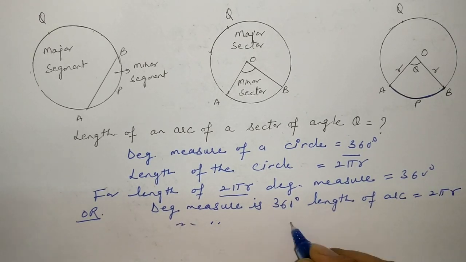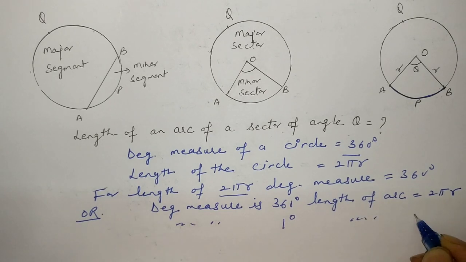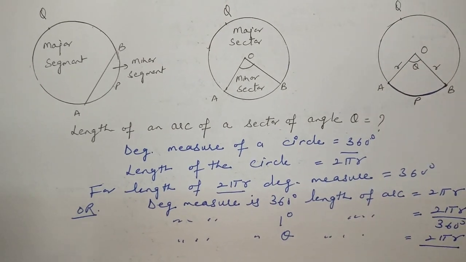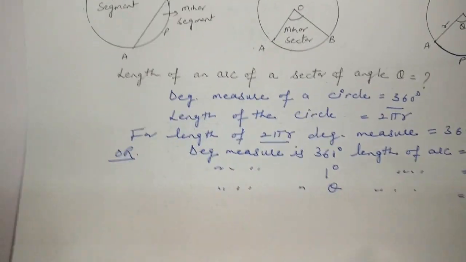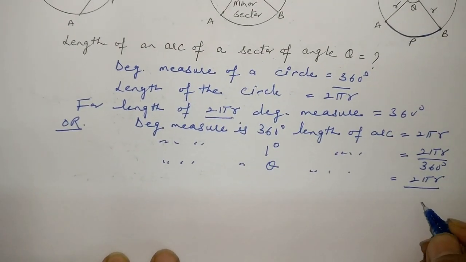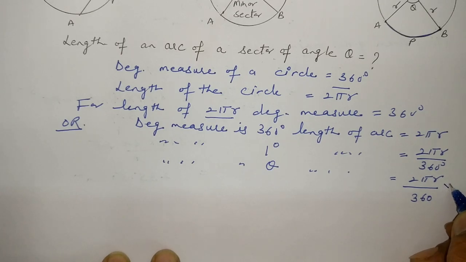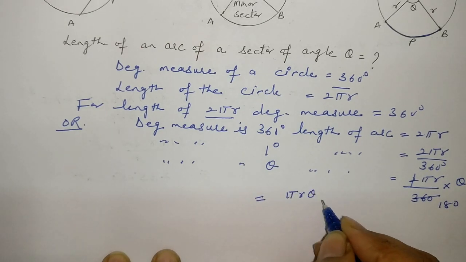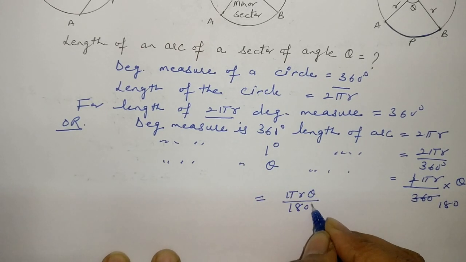Similarly, if the degree measure is 1 degree, the length of the arc will be 2 pi r upon 360. Now similarly, if the degree measure is theta, the length of the arc will be 2 pi r upon 360 into theta. So this becomes pi r theta upon 180 degree.